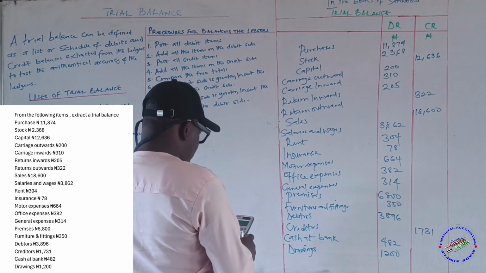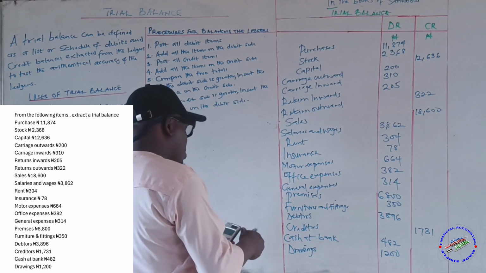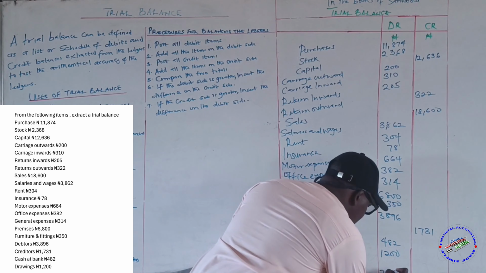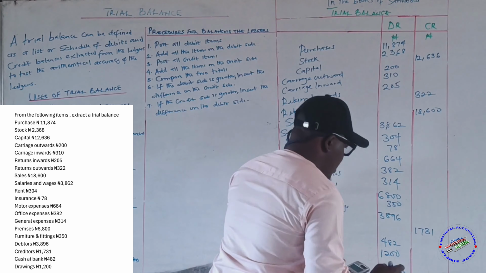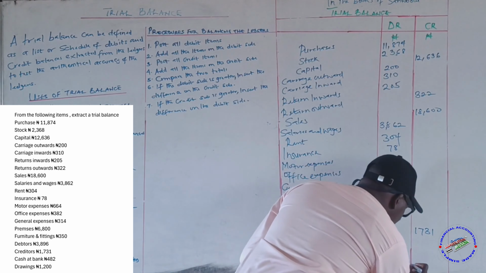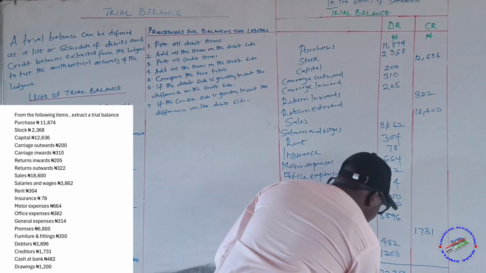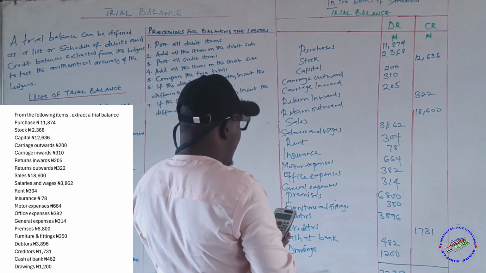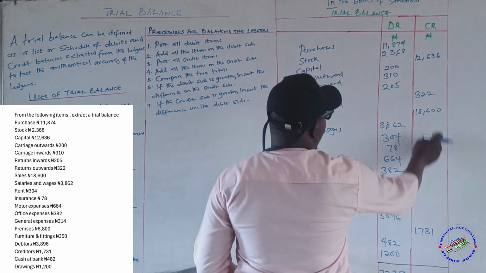So the addition on all these gives us 22,300. So we are going to also sum up all the figures we have on the credit side.